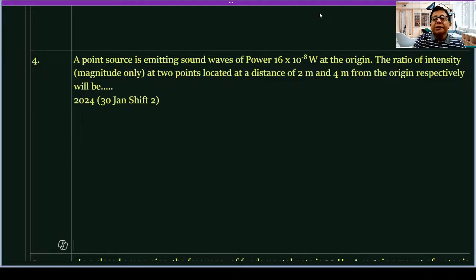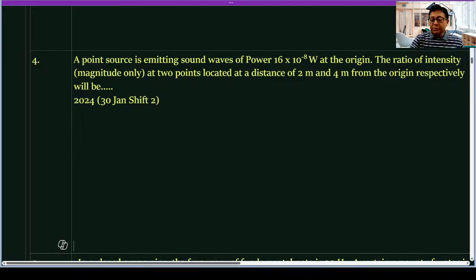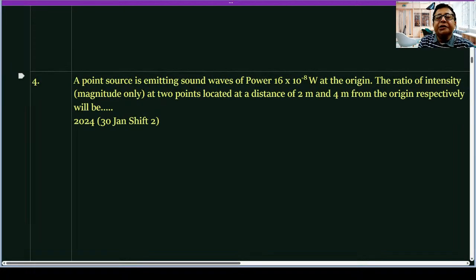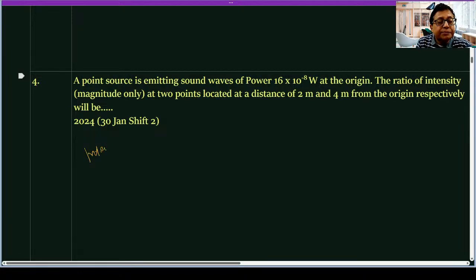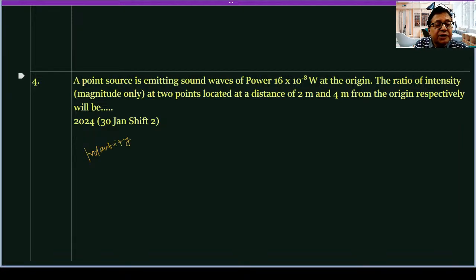Let's go through this. I will explain. Point source is emitting sound wave of power this much at the origin. This is a simple question. Intensity obeys inverse square law.